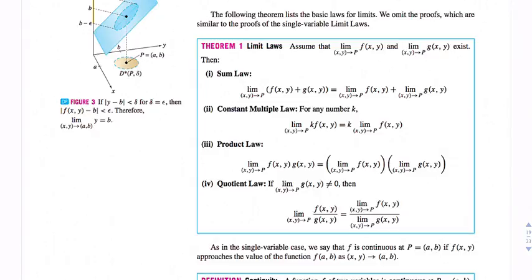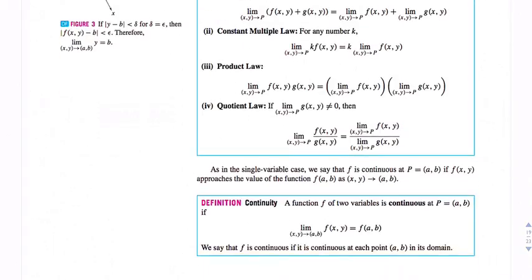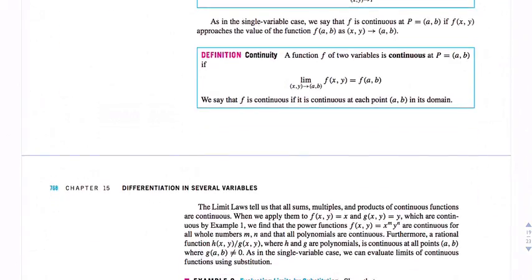If the limit of g as our point approaches the center is not 0, then the limit of the quotient is going to be the quotient of the limits.